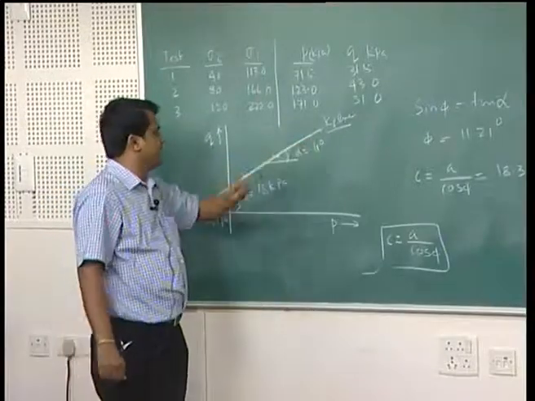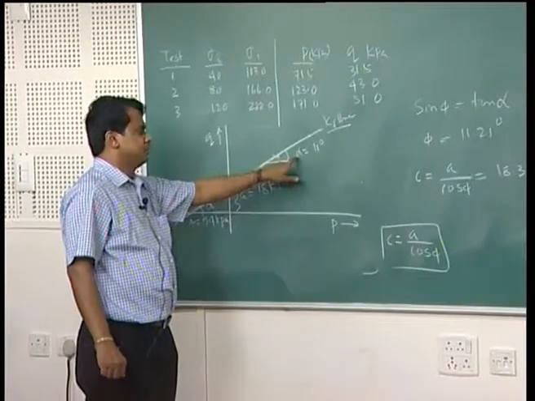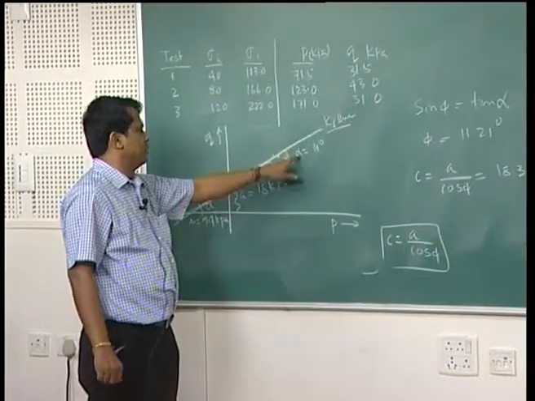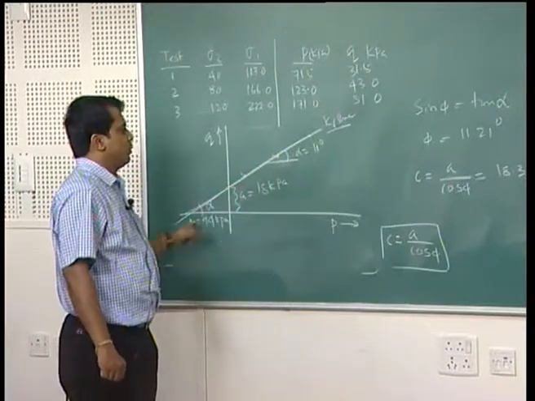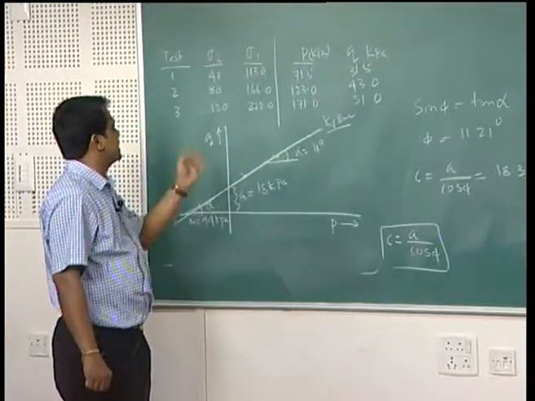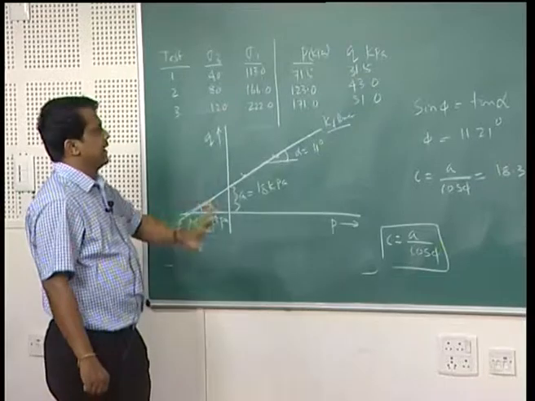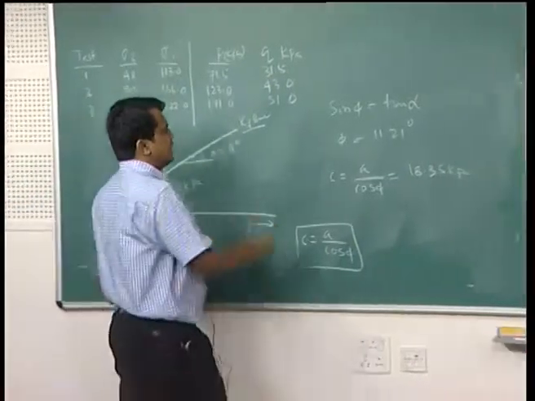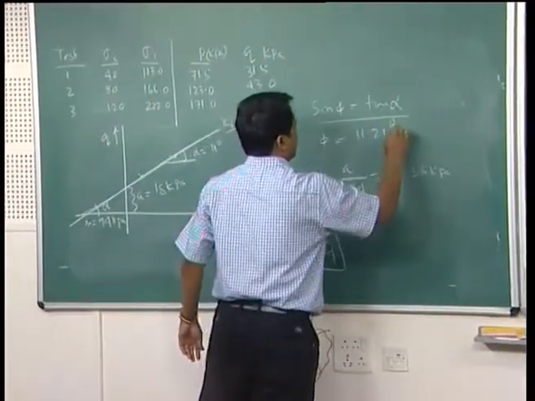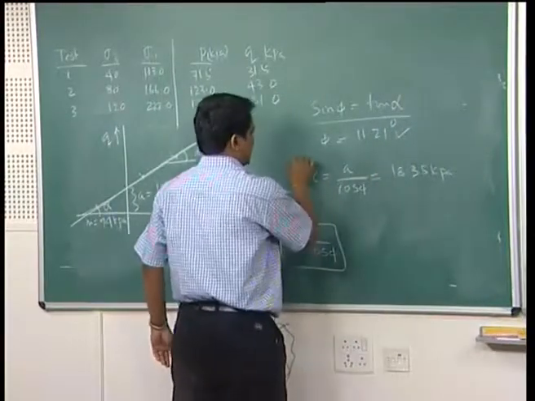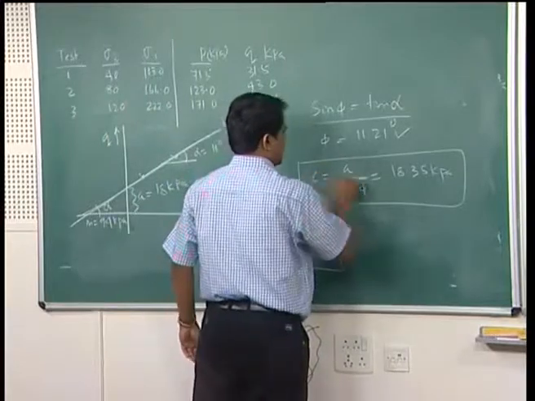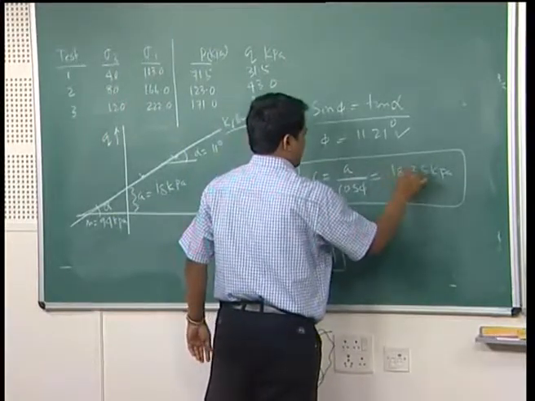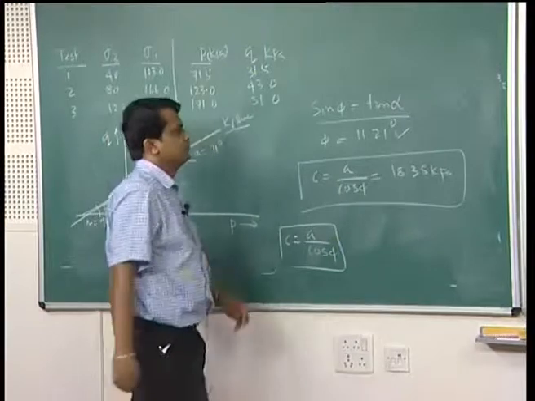Once you get your KF line, find graphically the angle alpha, and A and M. There is a relationship between the KF line and phi: sin phi is equal to tan alpha. From there you can find phi, and C is equal to A by cos phi, which gives C is equal to 18.35.